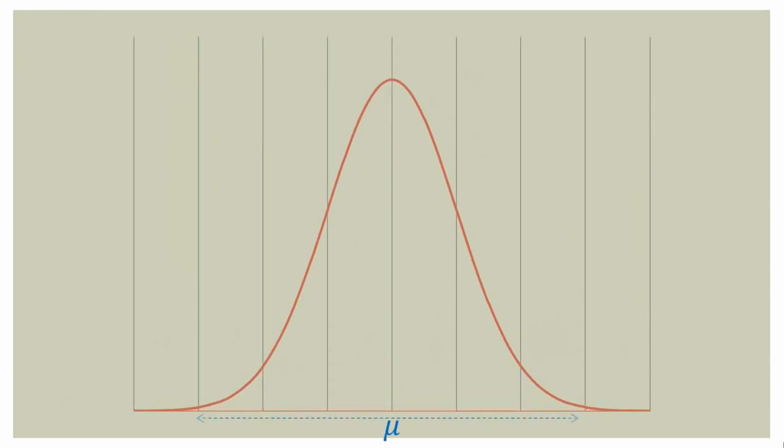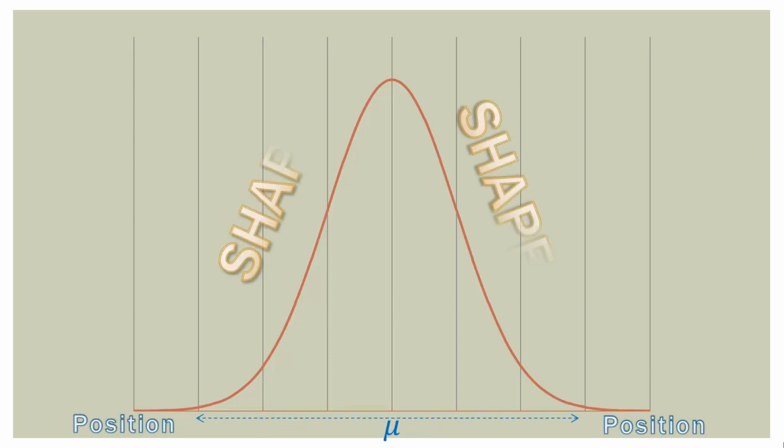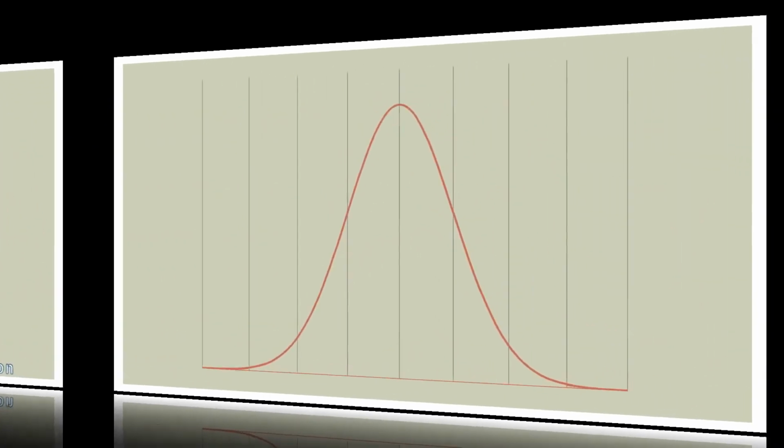Now the mean at the bottom just tells you the position of your normal curve. As far as the shape goes, that's largely influenced by the standard deviation. And we'll talk about each one of those in a minute. So the two parameters that really give the normal distribution its position and shape are the mean, mu, and the standard deviation, sigma.